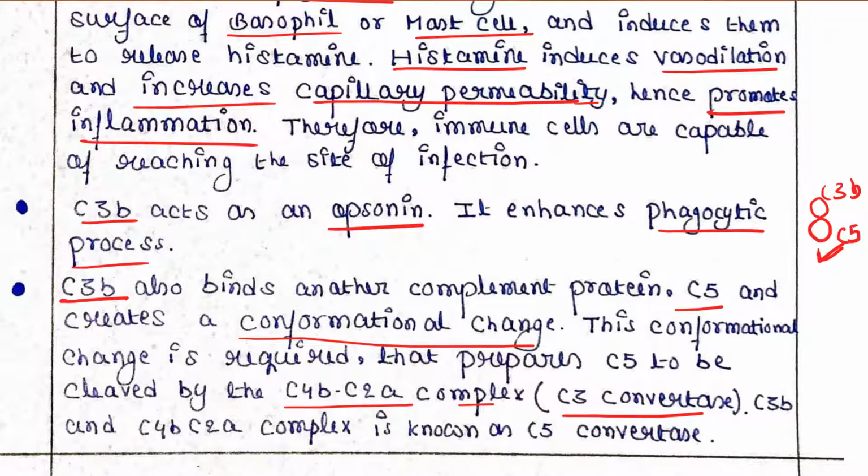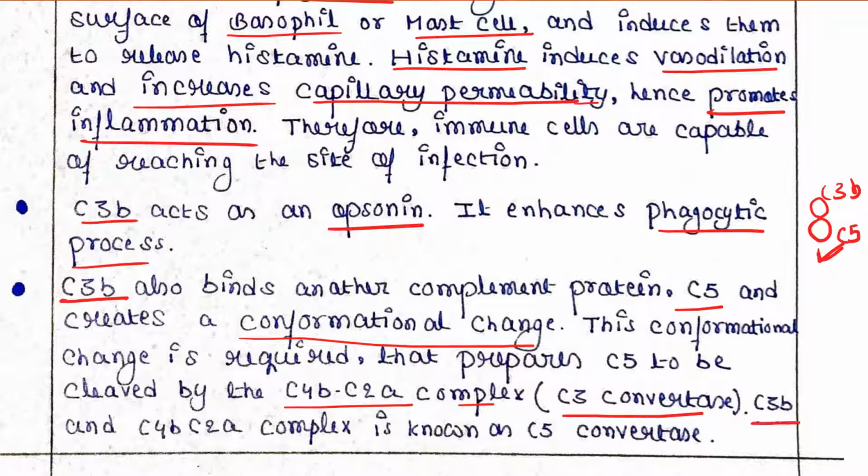So we know that C3 convertase, that is C4b-C2a complex, cleaves C3, but it also cleaves C5, and the C5 is required to be changed to undergo the cleavage, and that is done by C3b because C3b creates a conformational change on C5 that helps in the cleavage process.